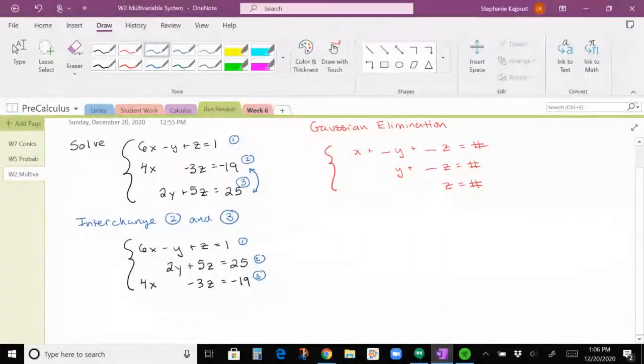So equation 1 and equation 3, I can use those to get rid of x. But when I do that, equation 1 has a y, and then I'll have a y in my resulting equation. And so then I'll get rid of x, but then I'll have a new equation that has y and z. So then I'll have to use equation 2 and use elimination to get rid of y.